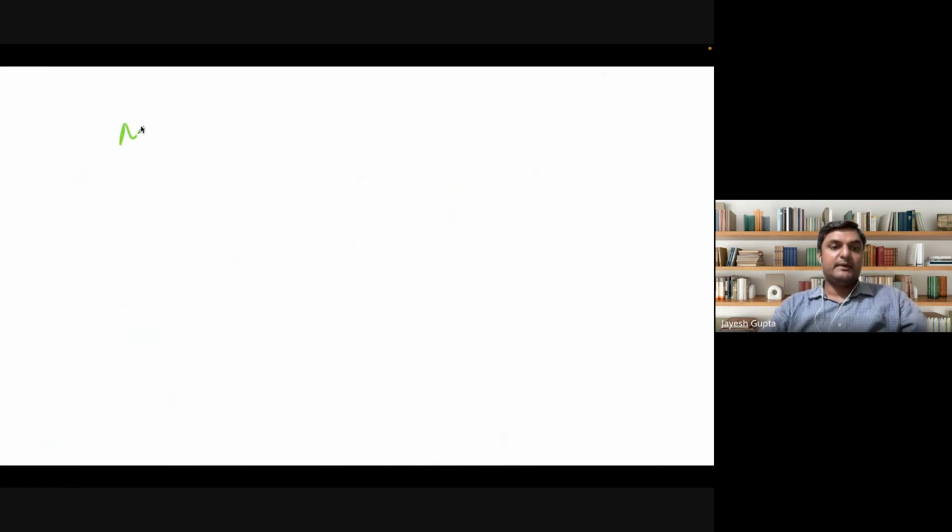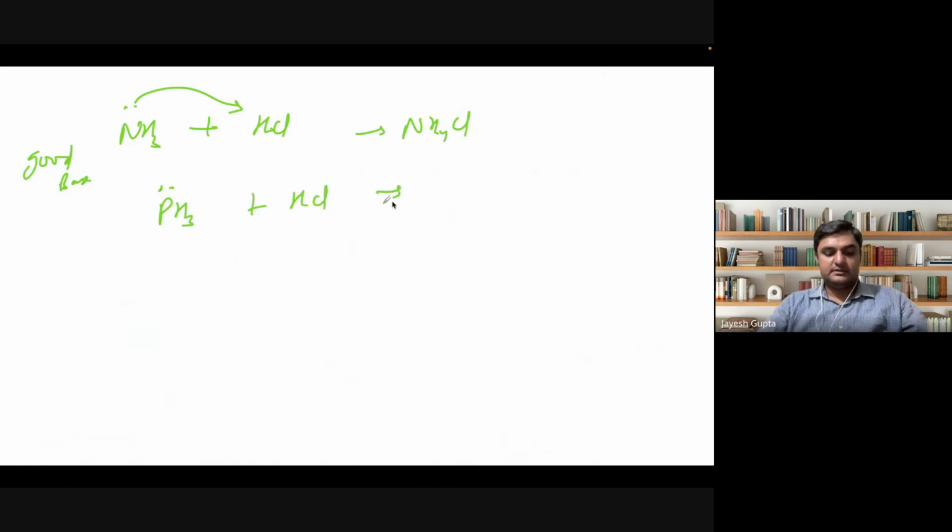Its application can be seen like this. If I write the reaction between NH3 plus HCl, it is an acid-base reaction. So this is a good base. This lone pair will be easily donated to this hydrogen, and you will get the compound NH4Cl. If I take PH3, here also the lone pair is there, and HCl.